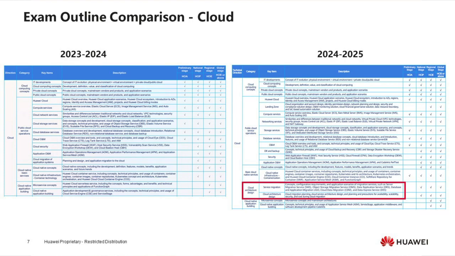The services for computing like ECS, AS, and VPC, which is a networking service, are going to be very important if you are trying to get ready for the first stage.